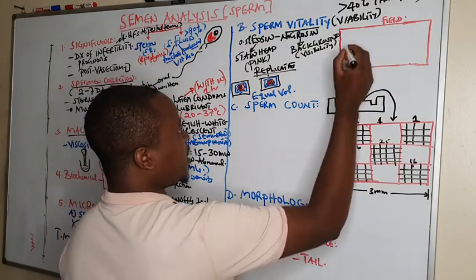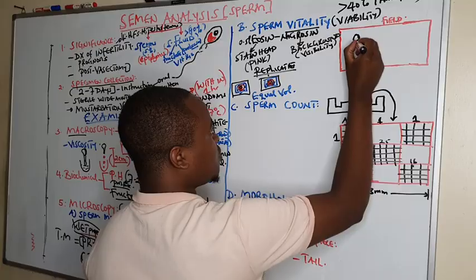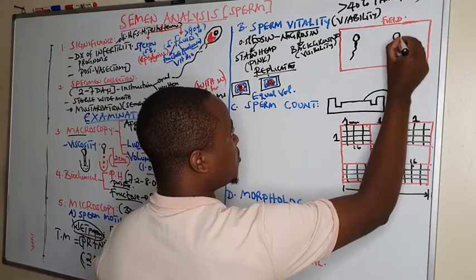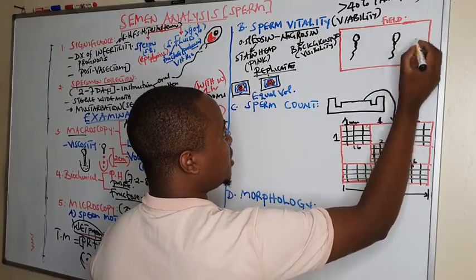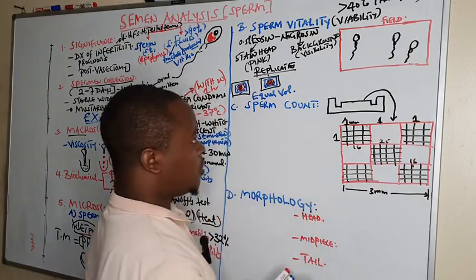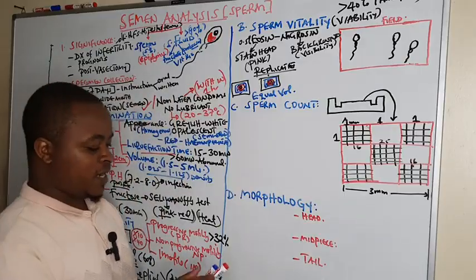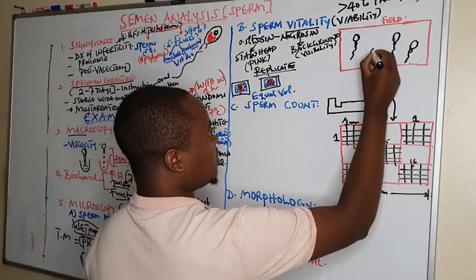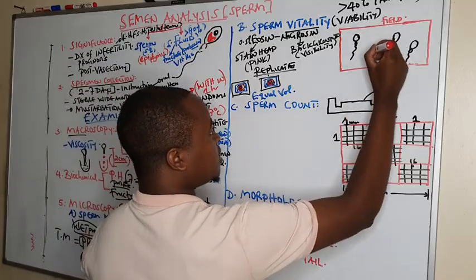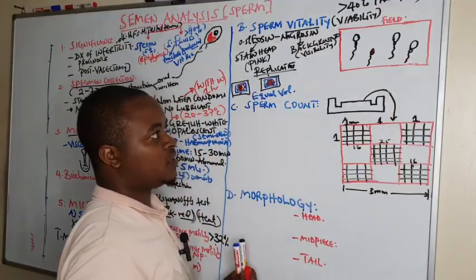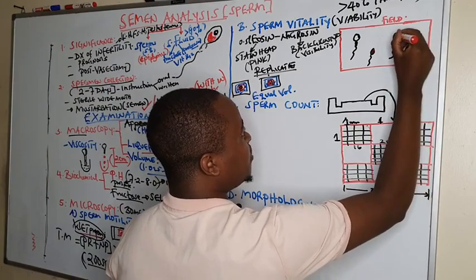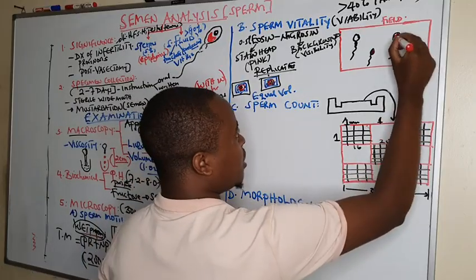So for example, if I have here some spermatozoa with the midpiece, then the tail, another spermatozoa with the midpiece and the tail, and another spermatozoa. If we have some sperms which are dead, their heads are going to take up the pink color of the eosin. So those which take up the pink color, it means these ones are dead.